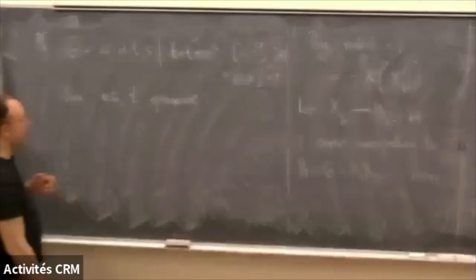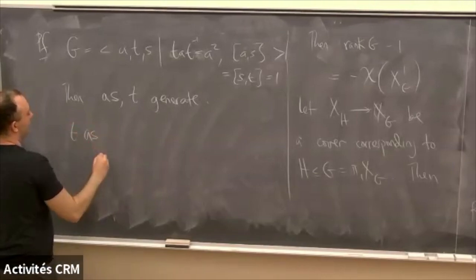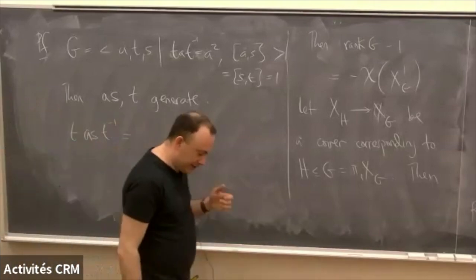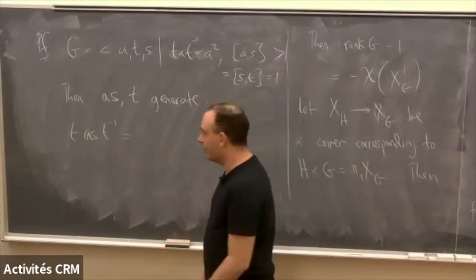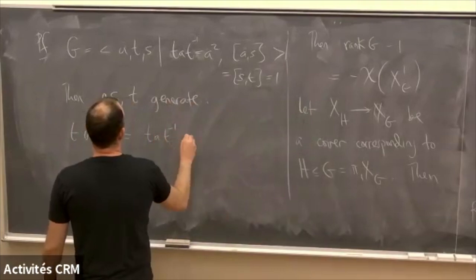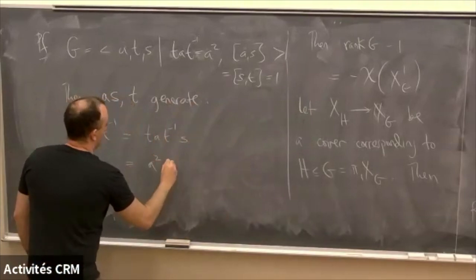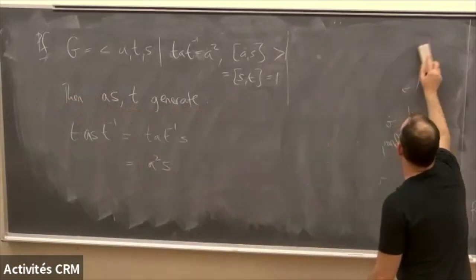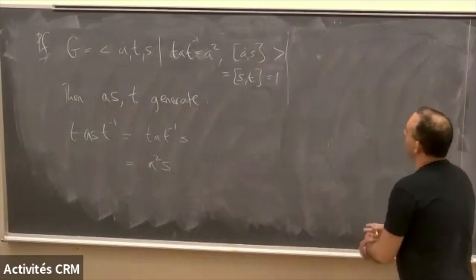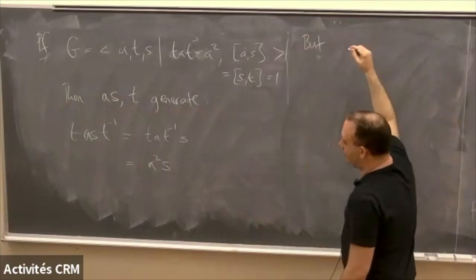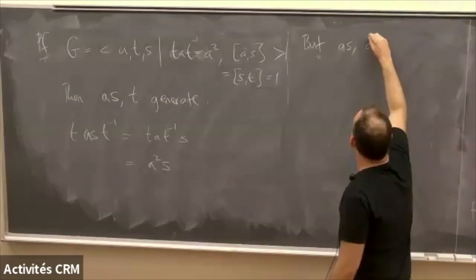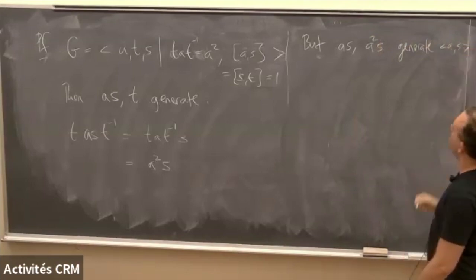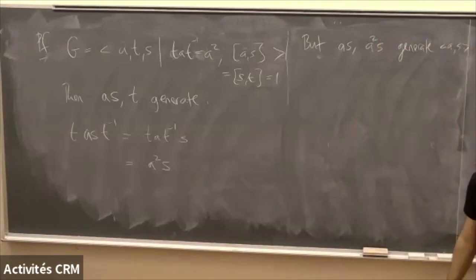And why is that? Look what happens if you conjugate AS by T. Then T commutes with the S, right? And so you get TAT inverse S, which is A squared S. The trick here is that if I look at AS and A squared S, then they generate the whole subgroup generated by A and S. Why is that?